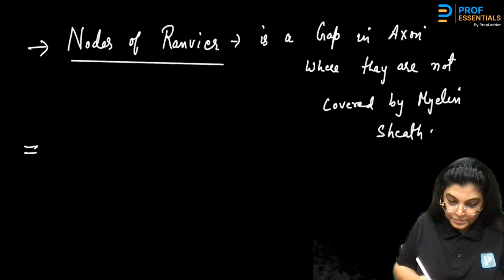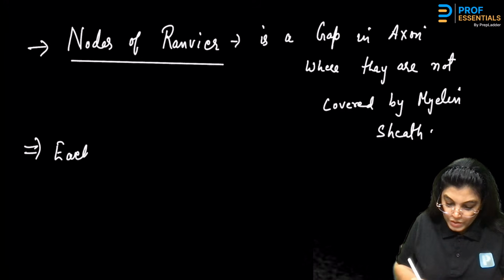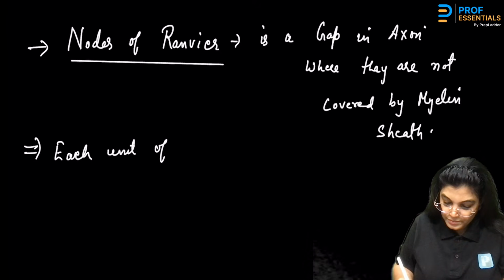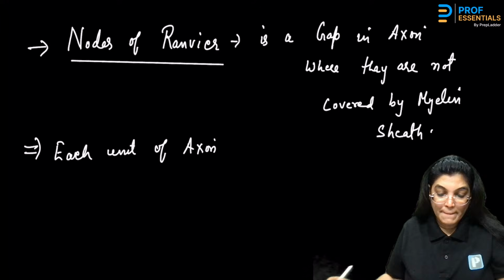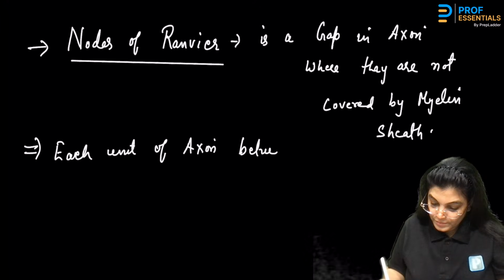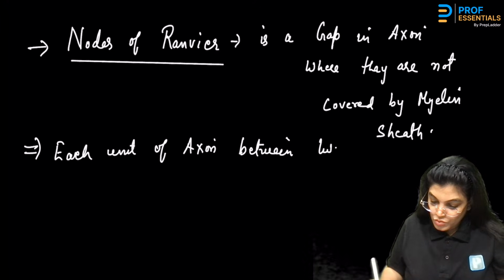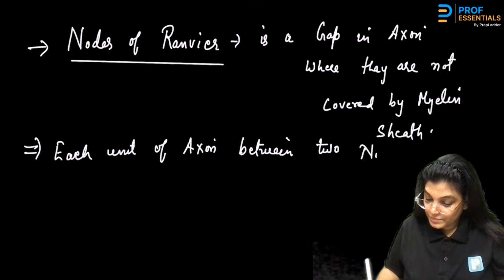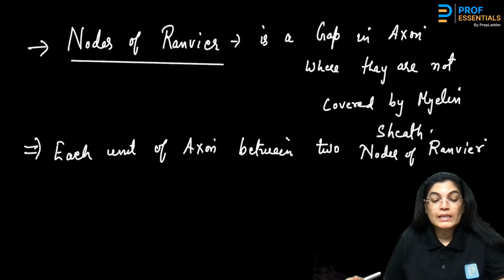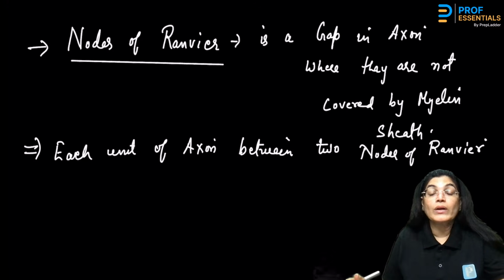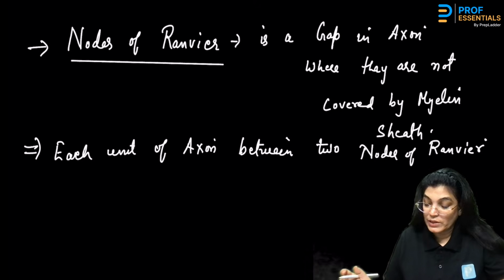So write down: each unit of axon between two nodes of Ranvier, if I am talking, is called internode. What is it called? It is called internode.